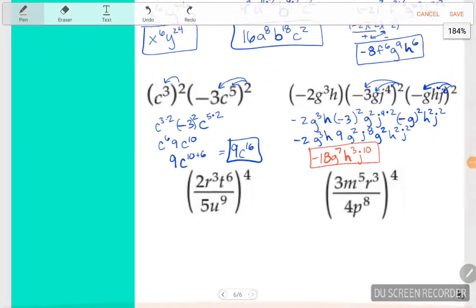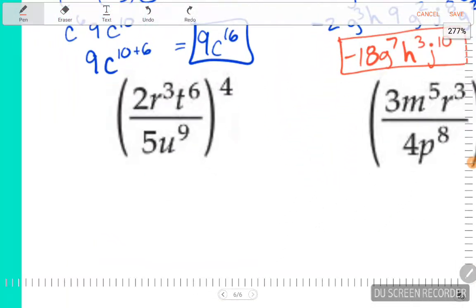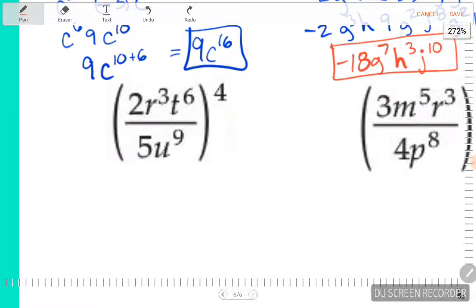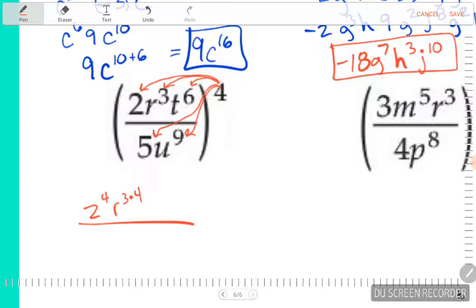Okay, sorry, trying to wrap this up. These take a little bit though. Okay, this is super fun. We've got product, we've got division, it's all sorts of crazy stuff. Basically, that exponent needs to get to everything in there. It's also going to go down here to the 5 and to the U. All right, so we've got 2 to the 4th, R to the 3rd, then to the 4th, so it's product to a product, we multiply.